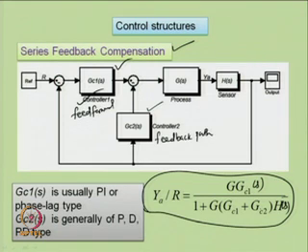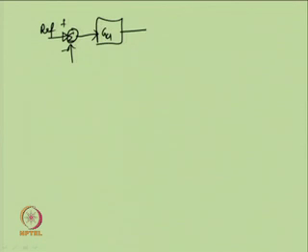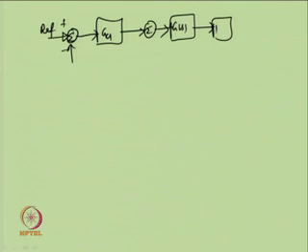Now, often with the help of block diagram reduction, this series feedback compensation scheme can be shown in the form of reference input, comparator, then the main controller GC1, or the controller in the feed forward path, and the process including the actuator dynamics G S, sensor dynamics H S and output.